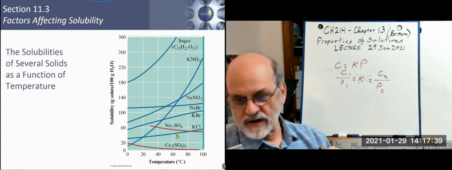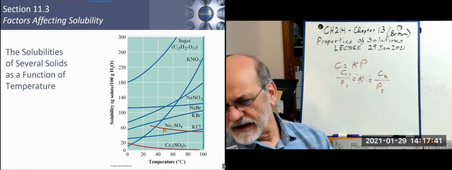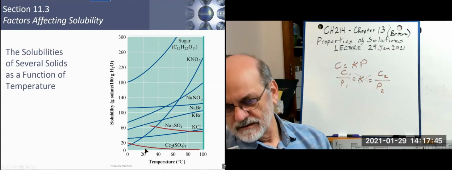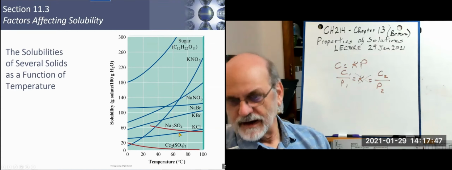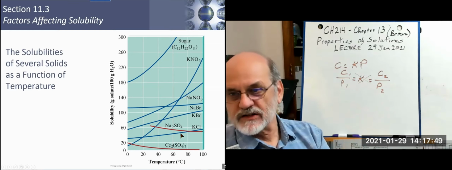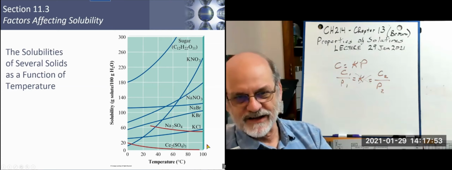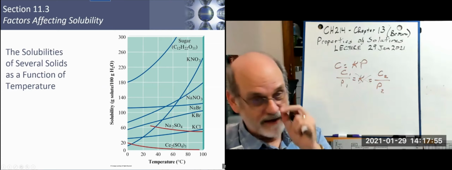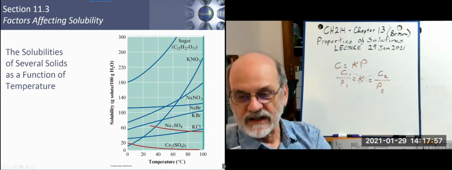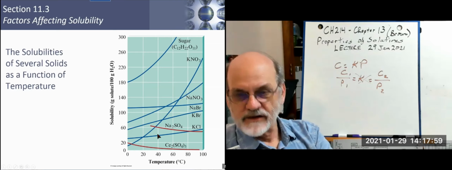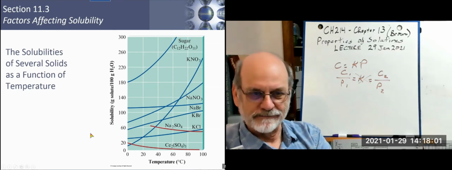Potassium chloride is more soluble. These sulfates here become less soluble. An explanation of that is beyond me at the moment. It's not easy to explain, even for those who study it for a living. It just happens. Let's just put it that way.